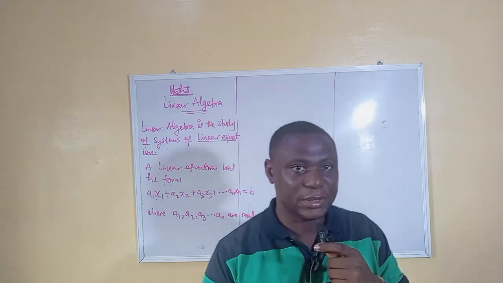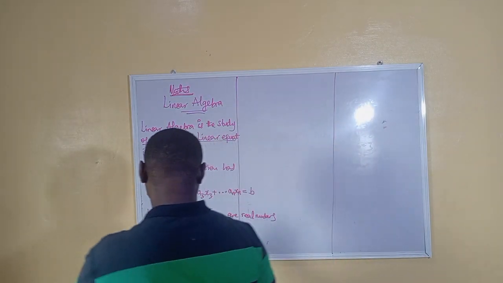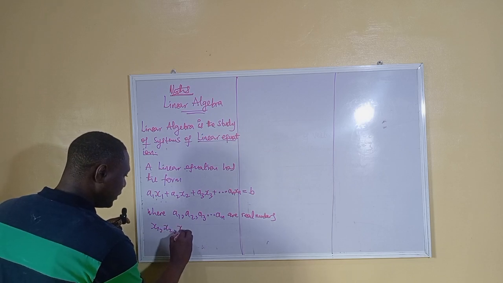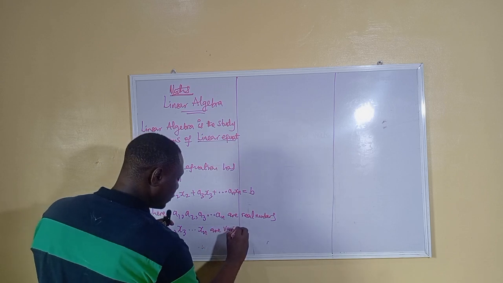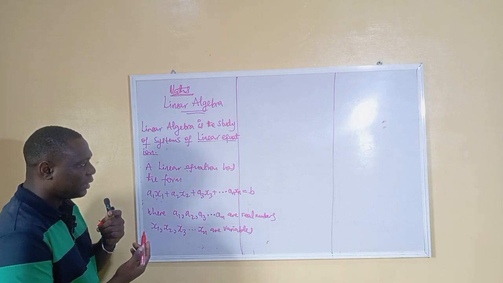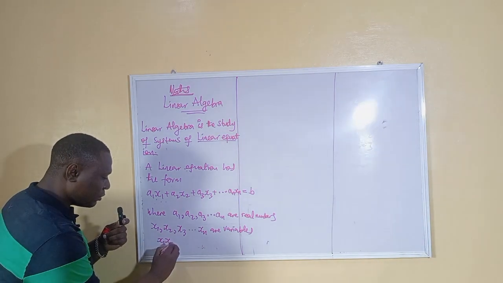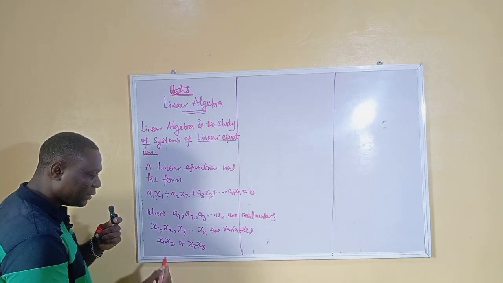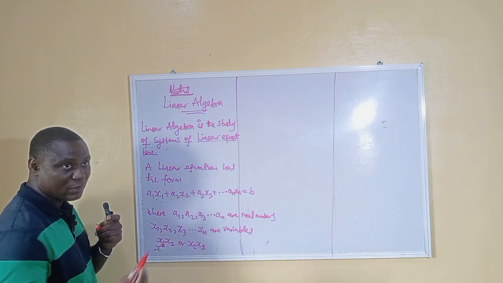Those numbers on the number line system are the real numbers. And x1, x2, x3, to xn are the variables. In a linear equation, there are no terms with x1 x2 or x2 x3, and there are no terms with x squared or higher powers of x.